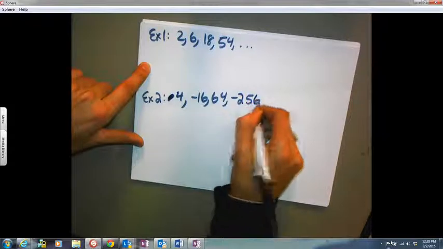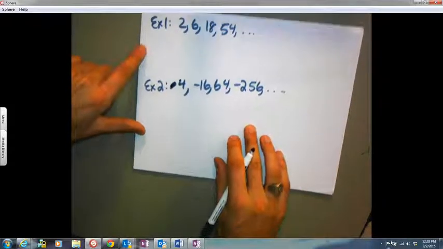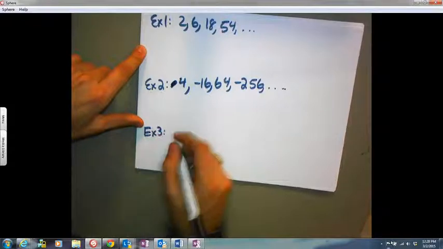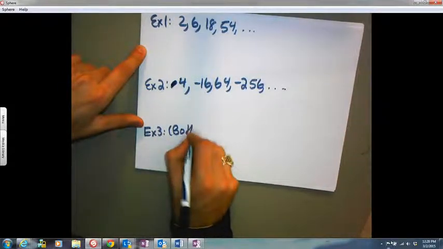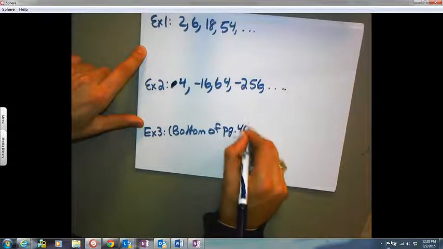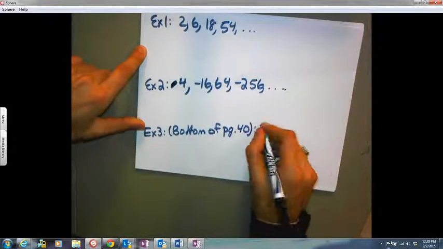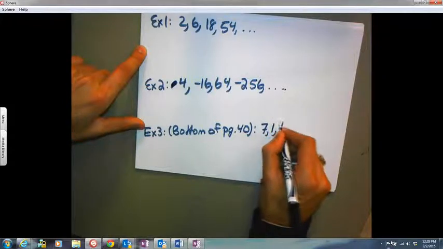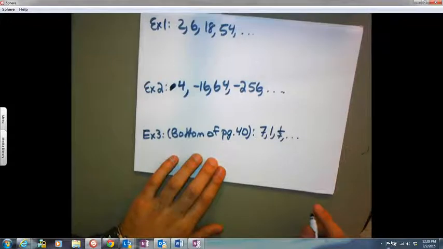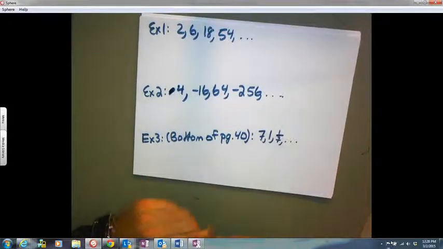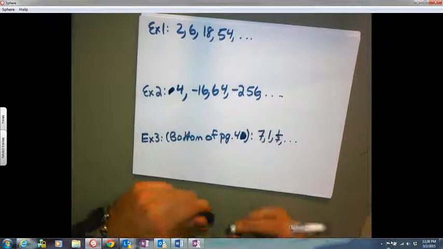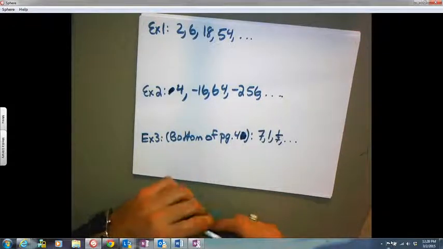And then the last example, which is on the bottom of page 40 of the homework. So we'll take these 3 examples.